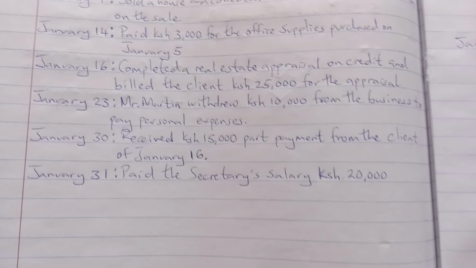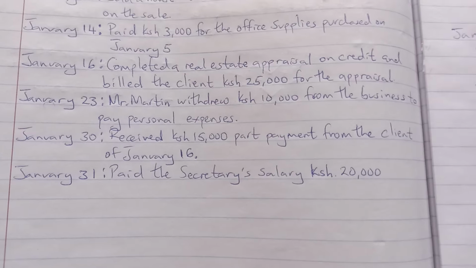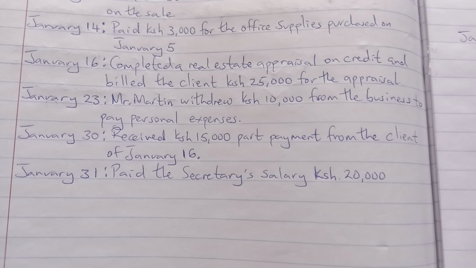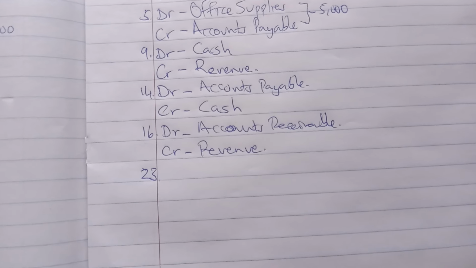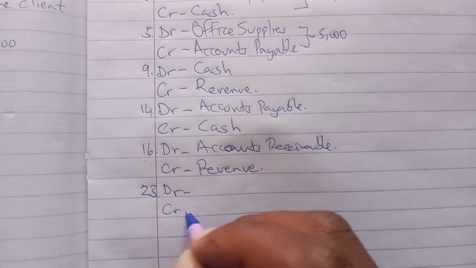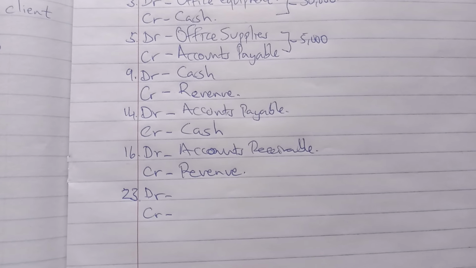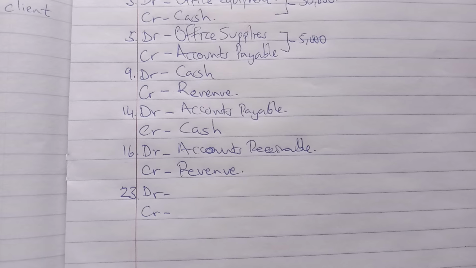So the other transaction is January 23rd, whereby Mr. Martin withdrew 10,000 from the business to pay personal expenses. So anytime that you will see a transaction which involves personal expenses, just know that we are introducing an account called drawings. Drawings is an account which affects directly the capital account.